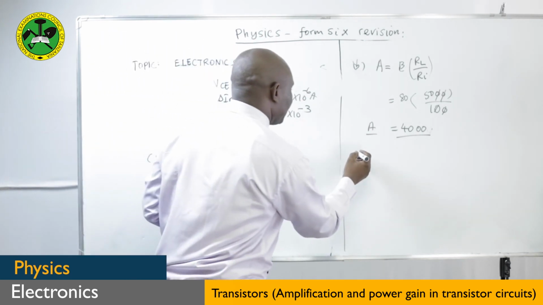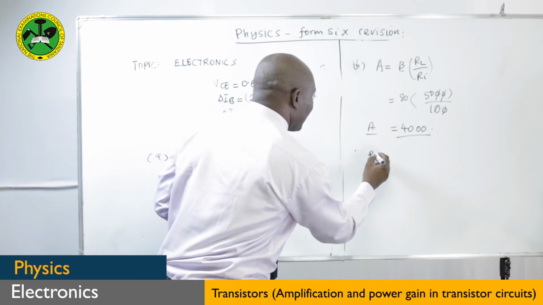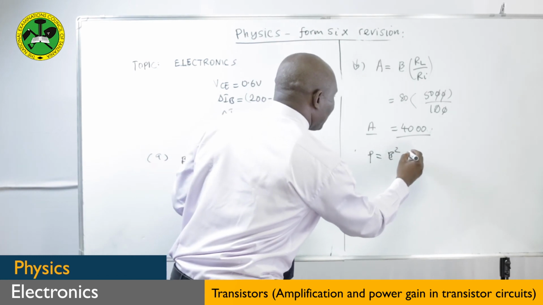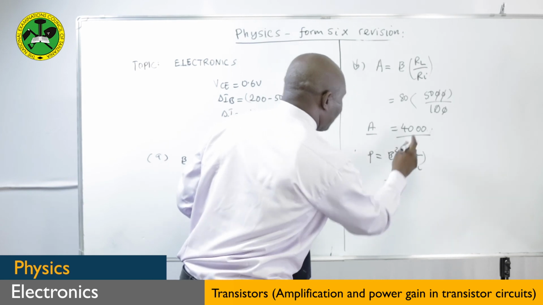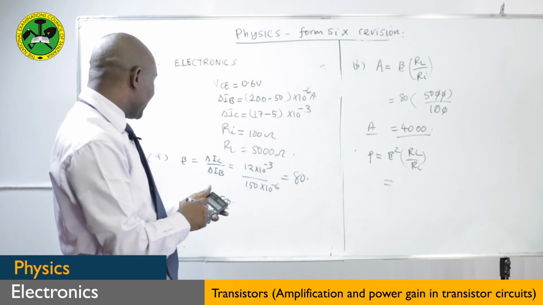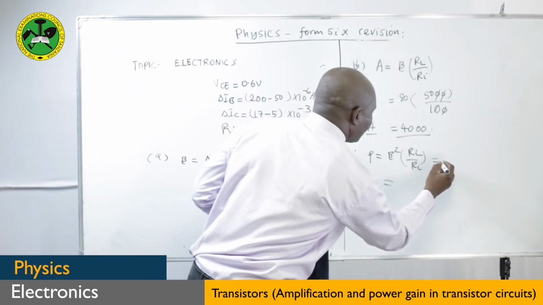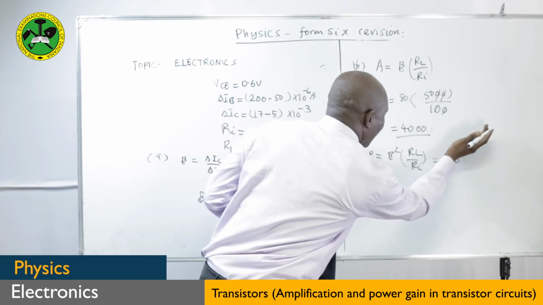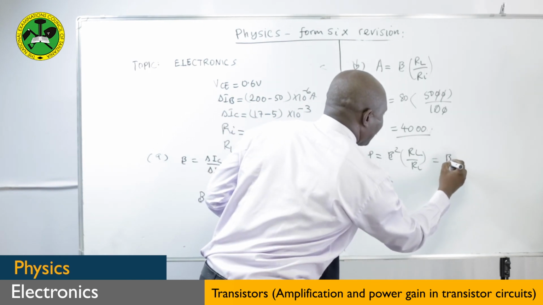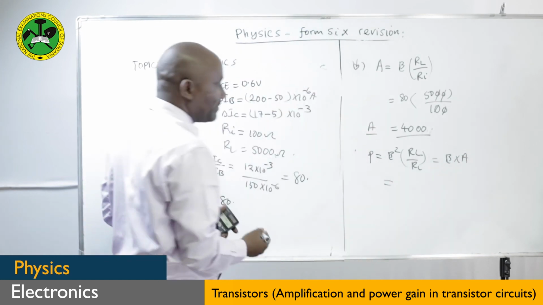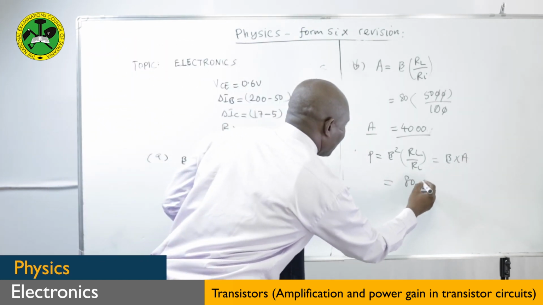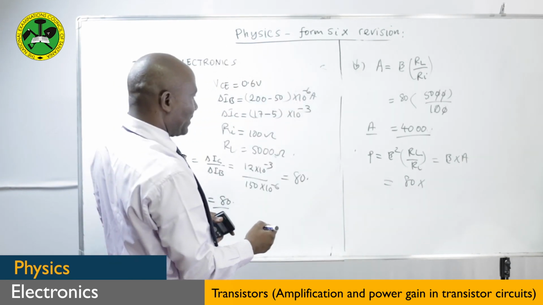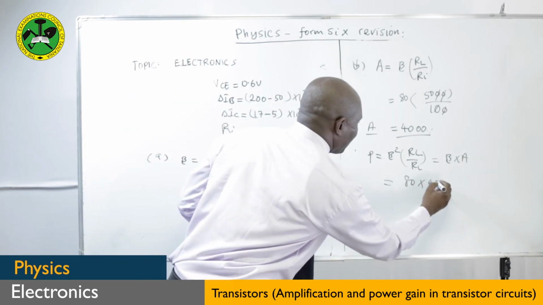Power gain is given by the formula beta squared RL over Ri. So you take 80 squared, or in other words, it is the current gain times the voltage gain. Very simple. Current gain times the voltage gain. So here is 80 times our voltage gain, 4,000.